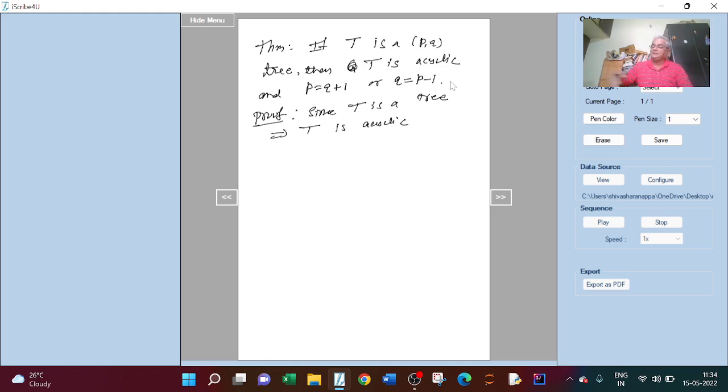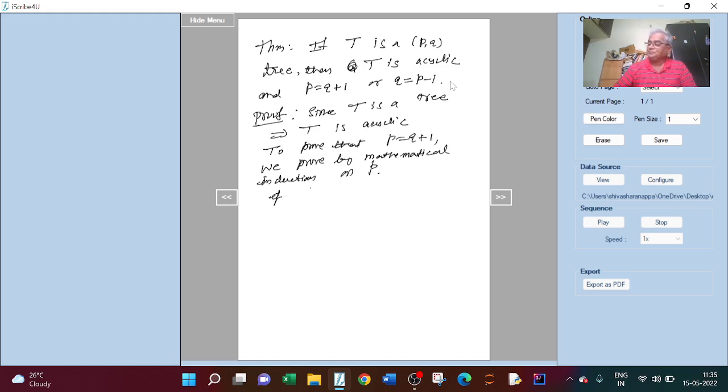Now we have to prove that P equal to Q plus 1. To prove that P equal to Q plus 1, we prove this by mathematical induction. Induction on P, that is the number of vertices.